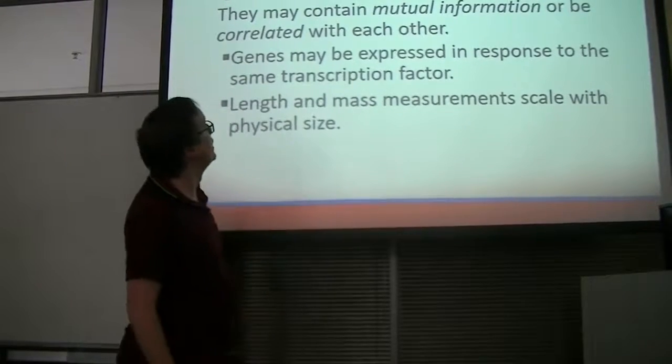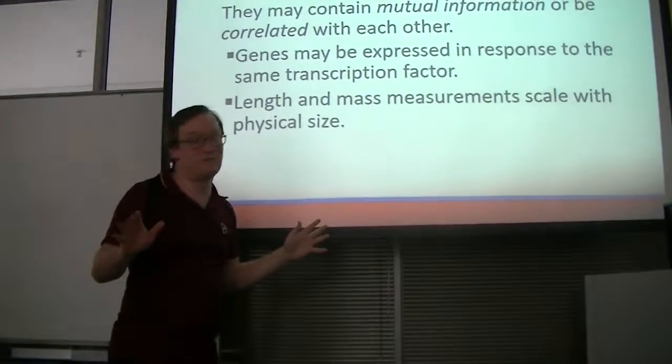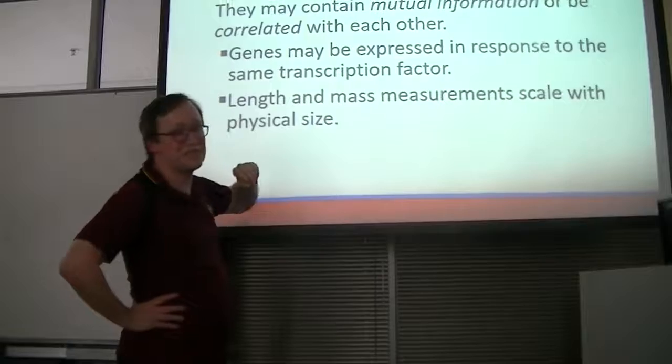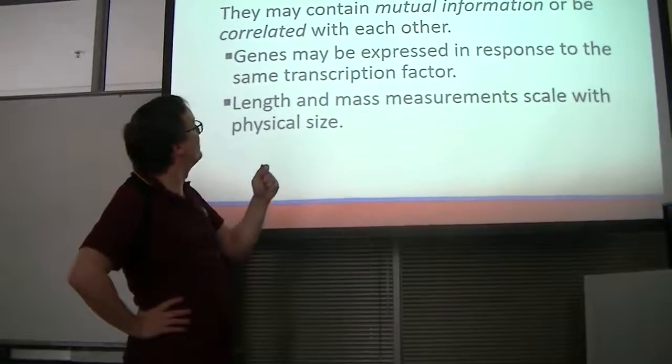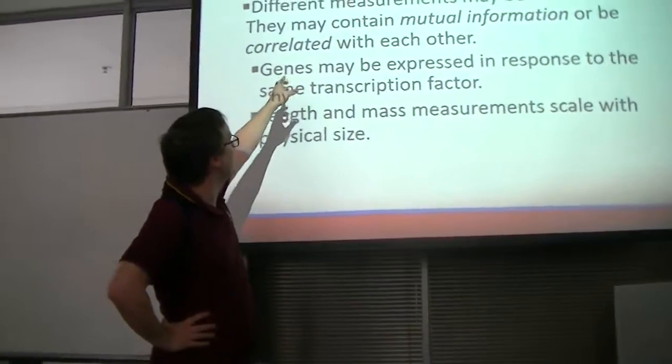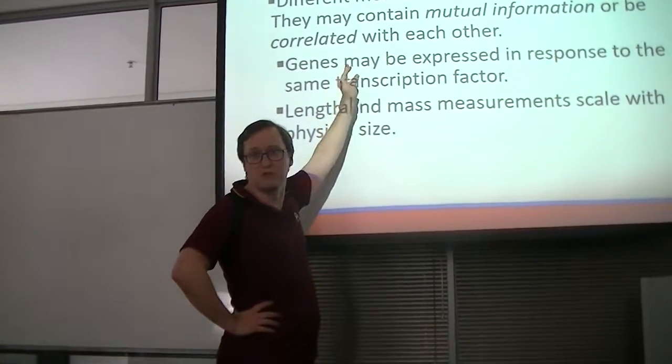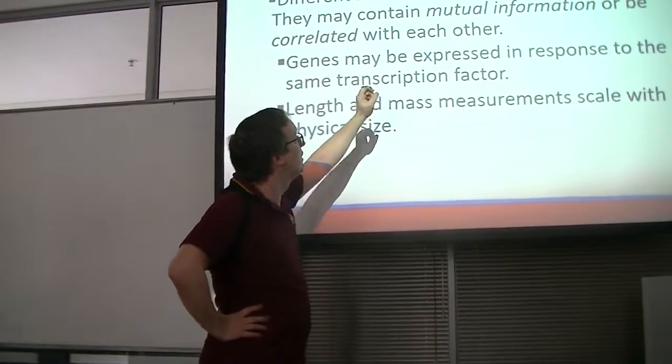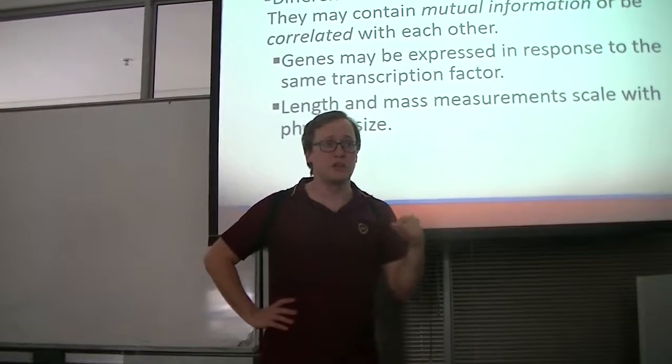All right, so do we have too many measurements? Different measurements may be redundant with each other. Now, I've given 2 terms here. We've already talked about correlation. I hope everyone remembers that from a couple months ago. Mutual information is another term that we use for this.